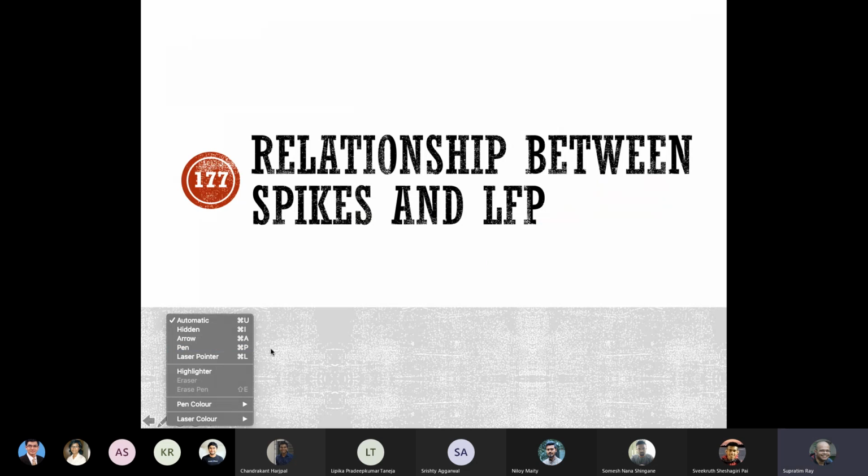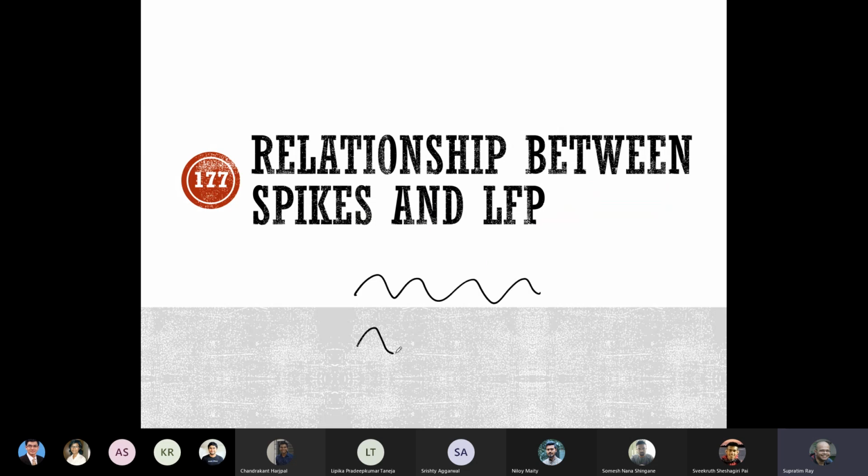So LFP1 would be like this, LFP2 would be exactly like this in sync, and spikes would be occurring 2 milliseconds before the trough in both cases. And the synchronicity can be captured in the cross correlation if it's strong enough.